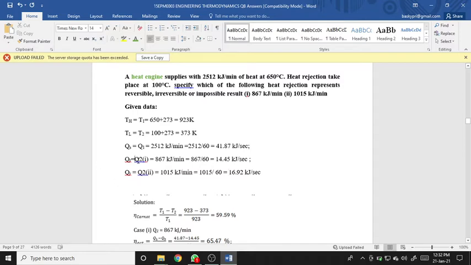Once again, for easy understanding, I keep the 2 as a suffix. So this is case 2.